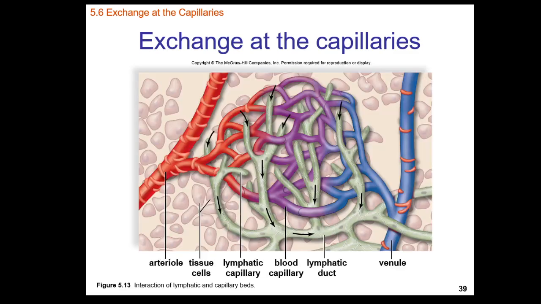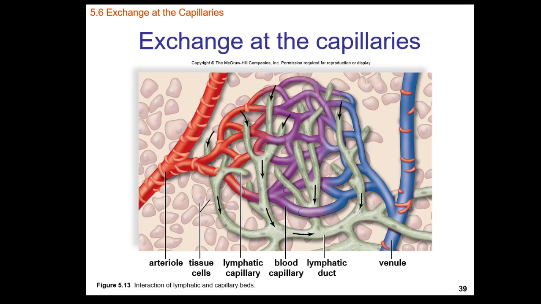So that water, the fluid that leaves, becomes part of interstitial fluid. That's the fluid out in the tissues itself. Most of that water is going to come back because of that osmotic pressure towards the venule end.